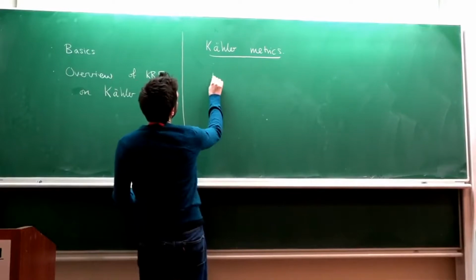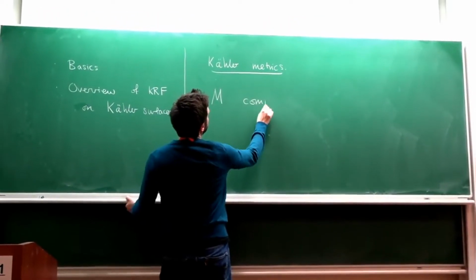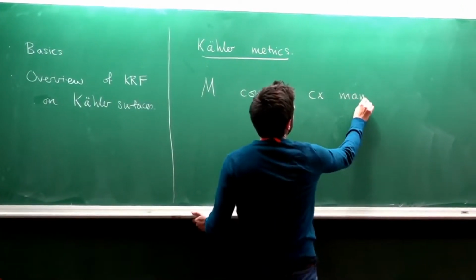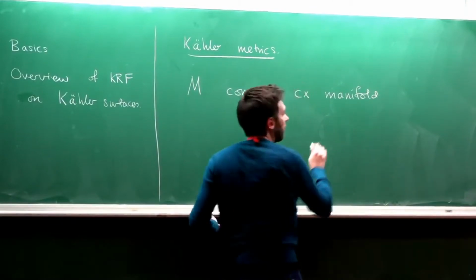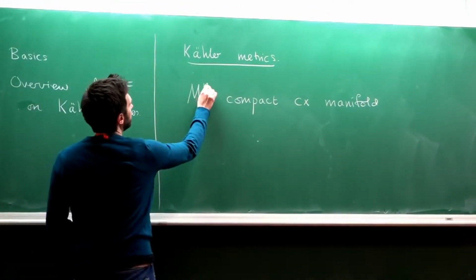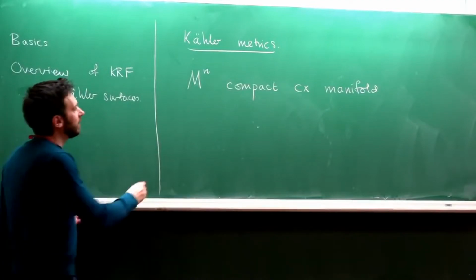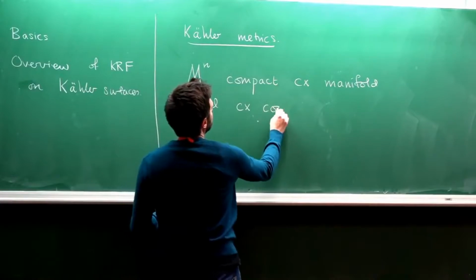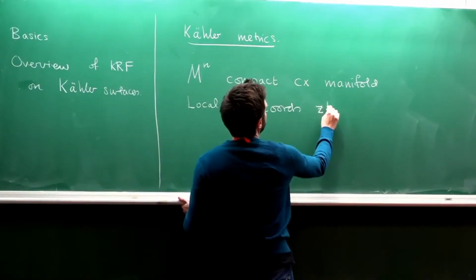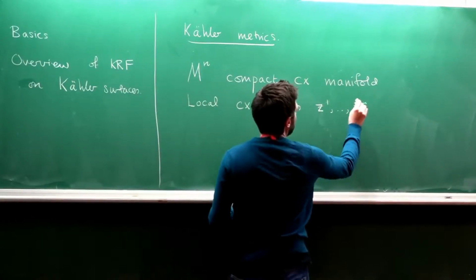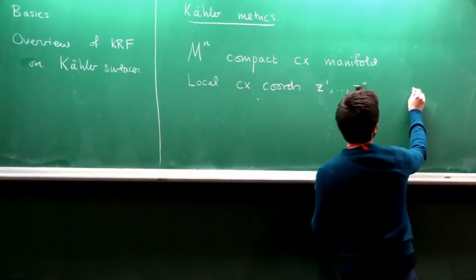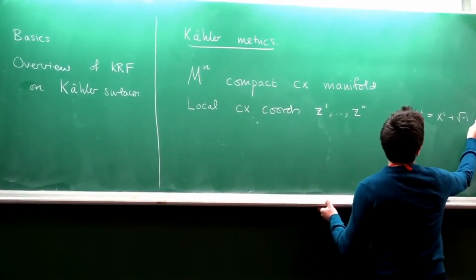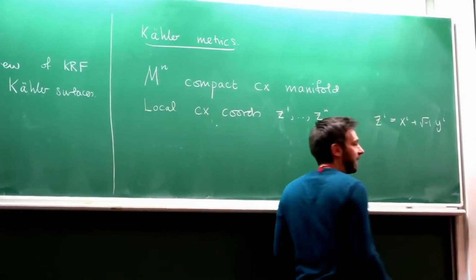Let's suppose we have M is a compact complex manifold, and I'll suppose it has complex dimension n. And so we have local coordinates, local complex coordinates, z1 up to zn, and I can write zi as xi plus root minus 1 yi.